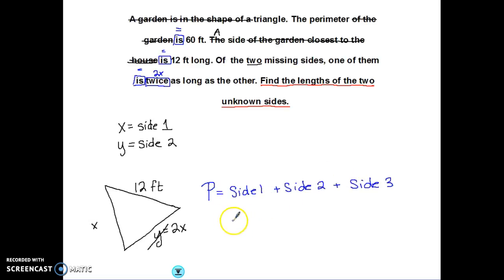So if I take side 1, that's 12, and I add side 2, that'll be x, and I add side number 3, that's 2x, I'm going to get a total of 60 feet, as can be found up in our question. We can simplify this down. 12 plus x plus 2x is 3x is equal to 60.